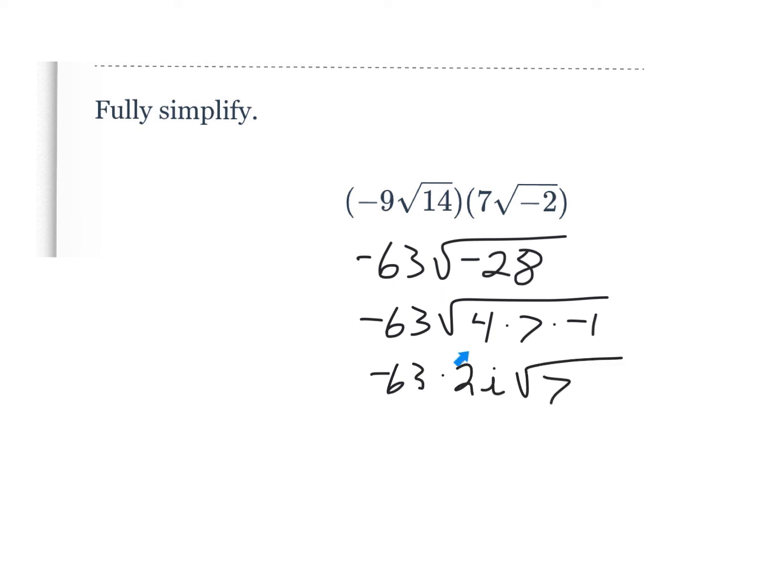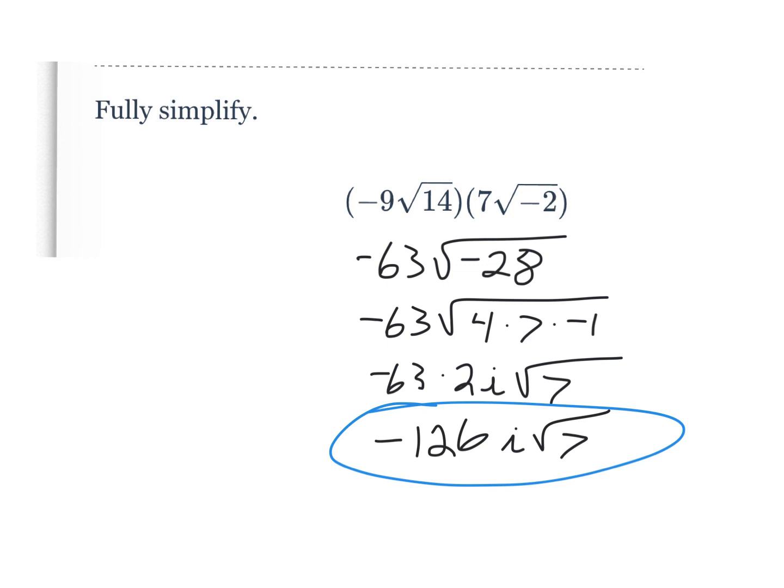Because again, the square root of 4 is 2, the square root of negative 1 is i, and then what's left is this 7. Well, now out here we have negative 63 times 2i, which is going to be negative 126i square root 7. And that would be our final answer there.